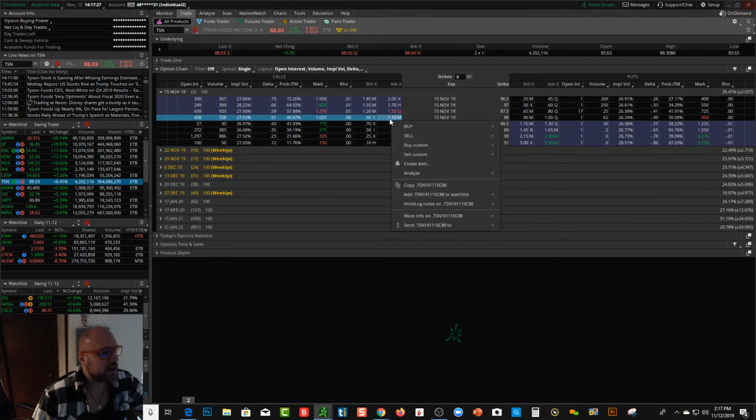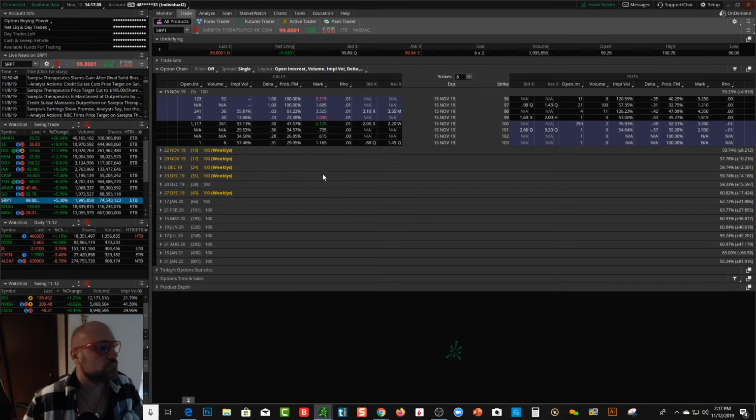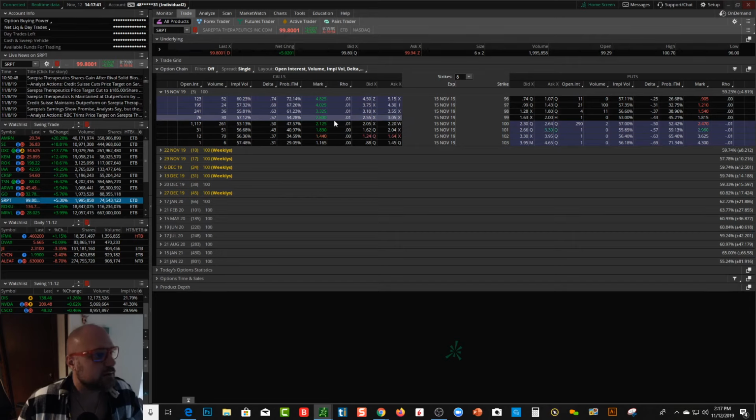I'm trying to find one that's nasty looking that I wouldn't do. Right here, here's an at the money contract for this one, SRPT. You're looking at, what is that, 50 cents? That's a 50-cent spread. I wouldn't be doing my strategy with that. So that's where I'm not looking at these spreads.